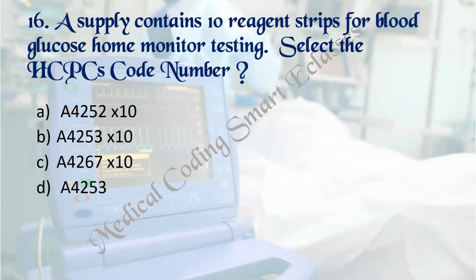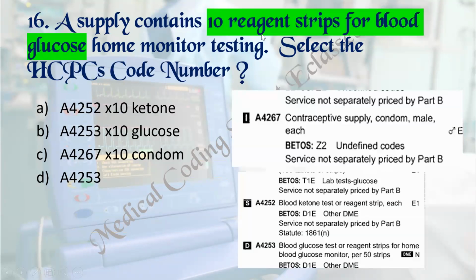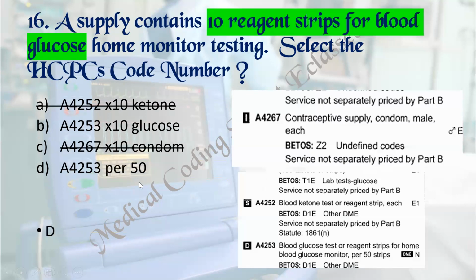The supply contains 10 reagent strips for blood glucose home monitor testing. So how many? 10 reagent strips. Looking at this, option A is ketone, B glucose, C condom, D is also glucose. When we first removed ketone and condom, B and C remained. B A4253. A4253 is per 50.